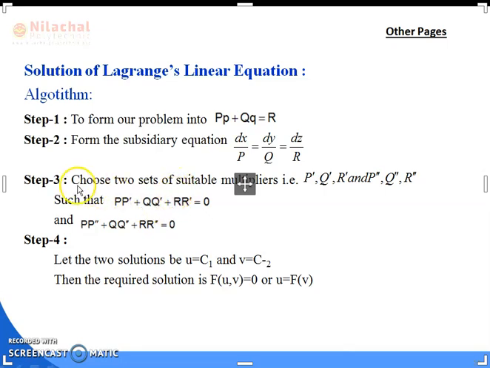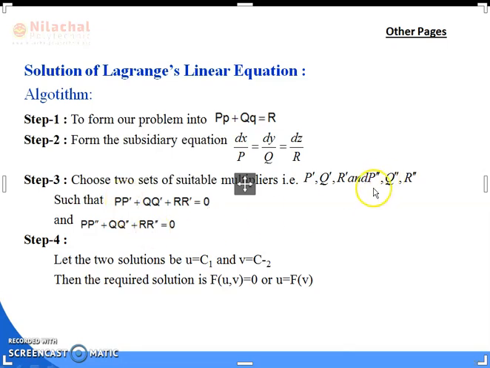Then you have to choose two sets of suitable multipliers. One is P dash, Q dash, R dash, and another multiplier is P double dash, Q double dash, R double dash, such that you choose them in such a way that P into P dash plus Q into Q dash plus R into R dash equal to 0.